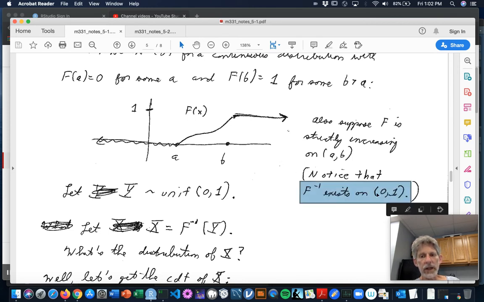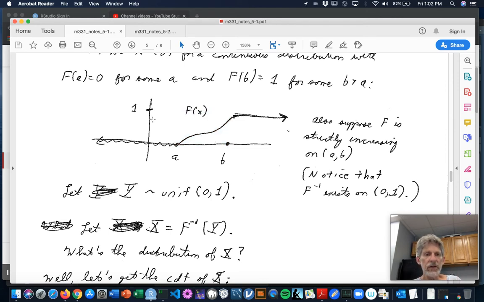On the, and that's a typo, it's not 0 to 1. Actually, it's invertible, or sorry, it's one-to-one between a and b, and so its inverse exists.